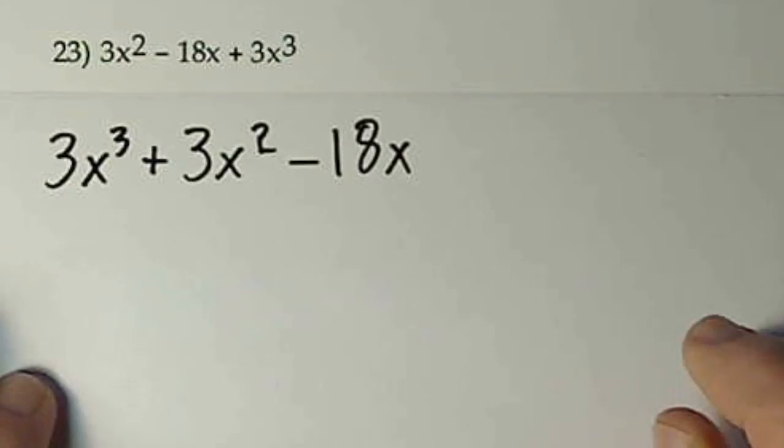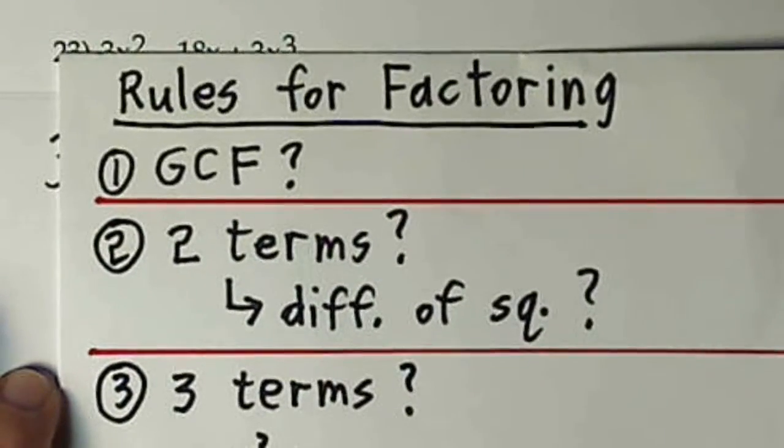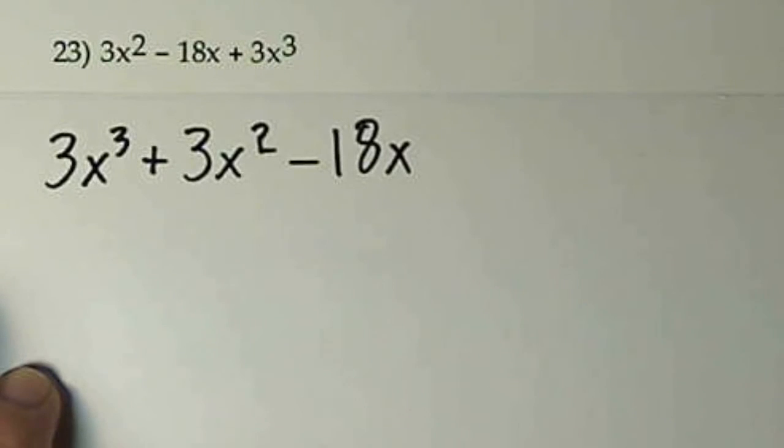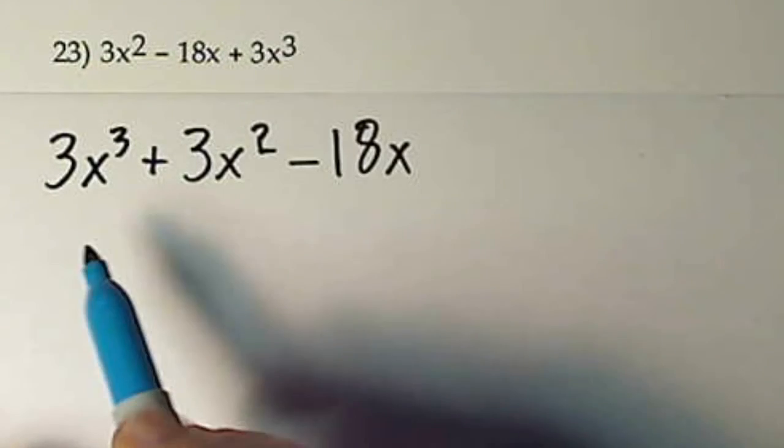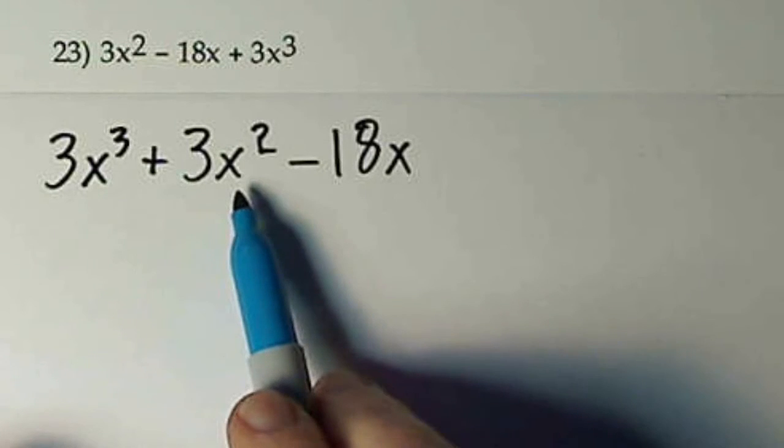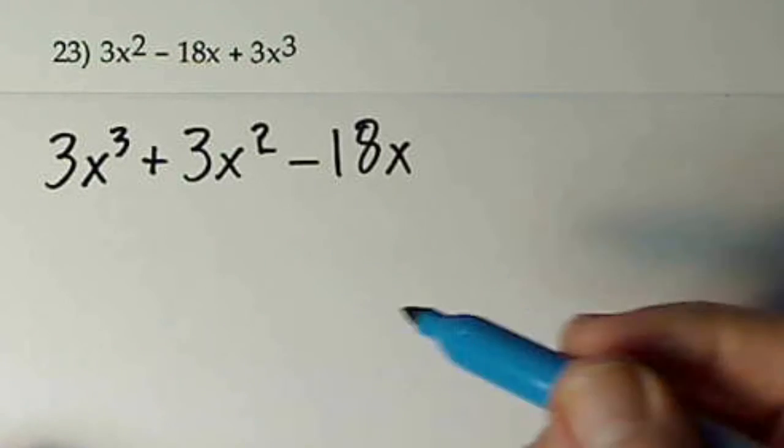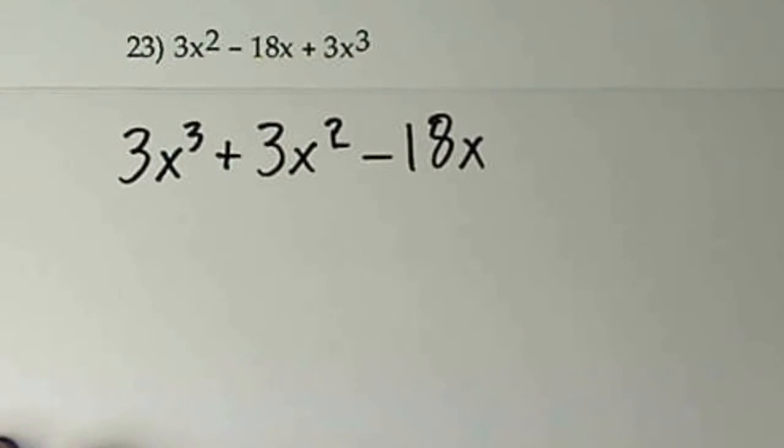And then referring to the list, I showed this in full frame at the beginning, rules for factoring. I'm going to be referring to that. Number 1 is GCF, and there is a GCF. You can get a 3x out of here, and out of here. So slide this over a little.